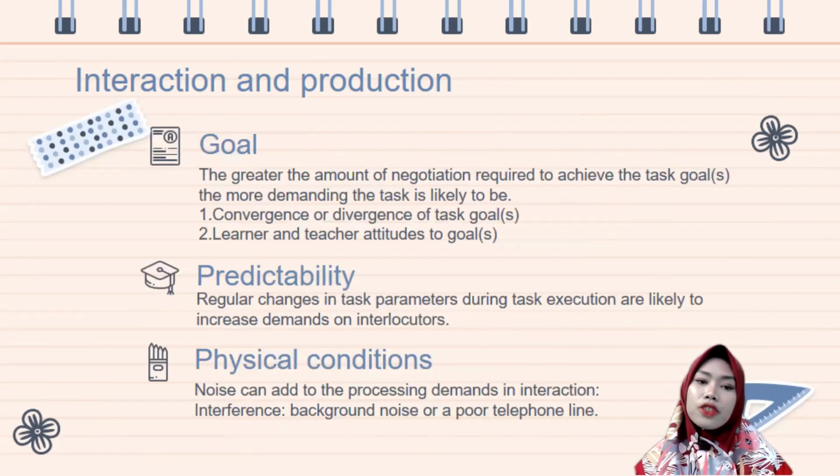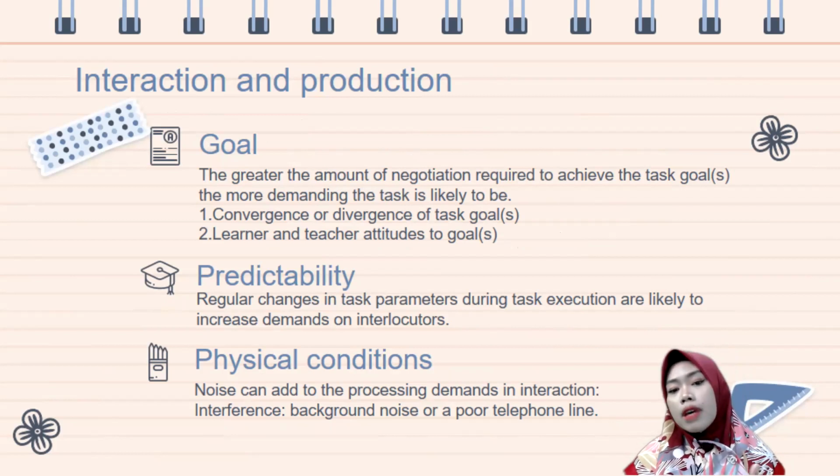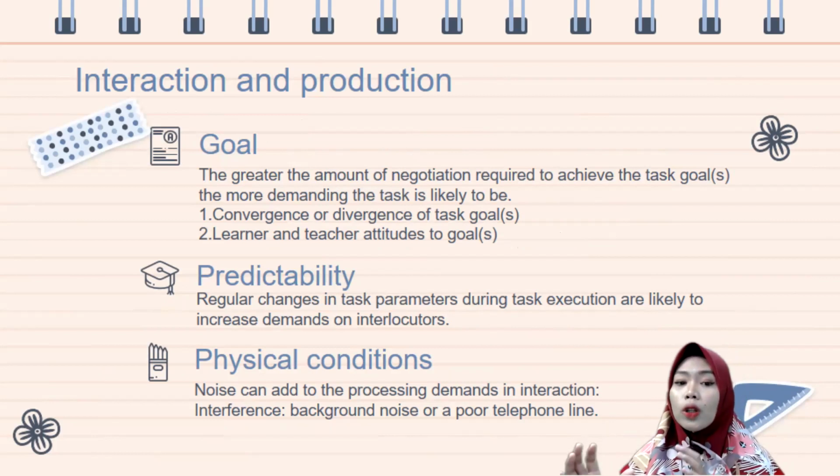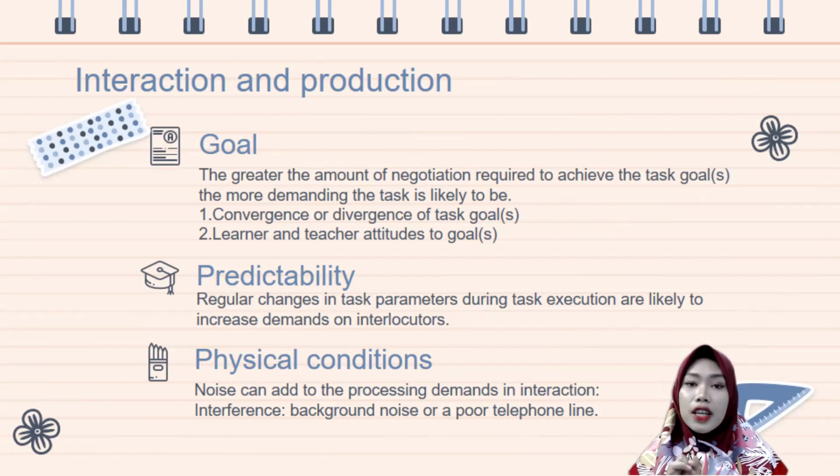And then interaction and production. There are goal, predictability, and cycle conditions. Okay, goal. The greater the amount of negotiation required to achieve the task goal or goals, the more demanding the task is likely to be. The first is convergence or divergence of task goals.